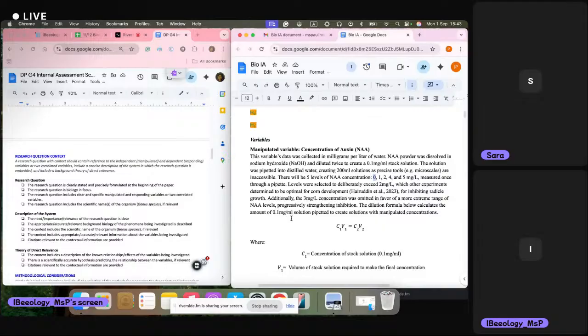If 2 is the highest, we're going 50% and 100% over what you have researched is the optimal. So think about that in terms of appropriateness.